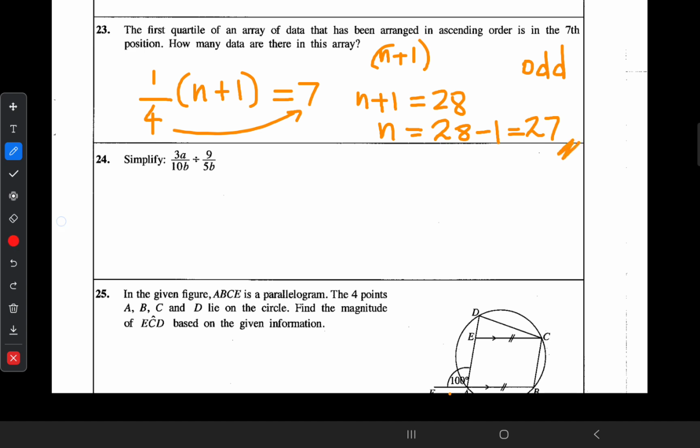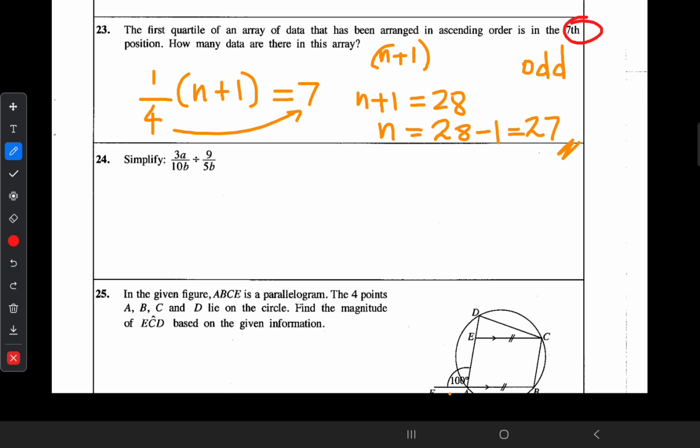I'll repeat again. If you have an odd number for the first quartile, second quartile or median, or third quartile position, you have to consider the total number of data in that array as n plus 1. If the values are even, you can directly consider the total number of data in that array as n.